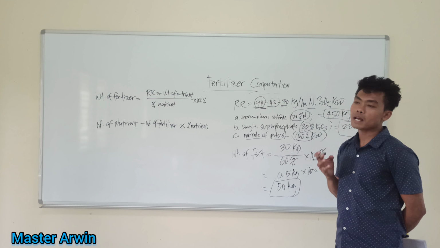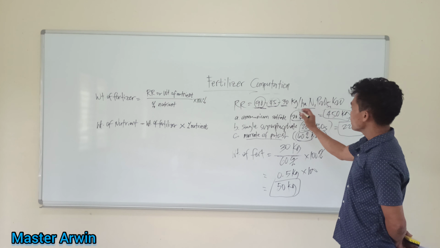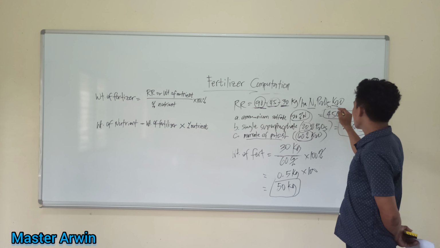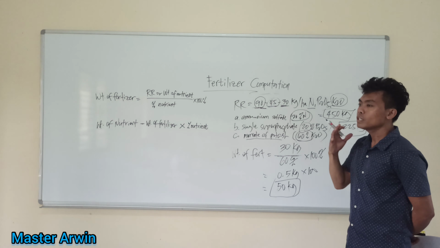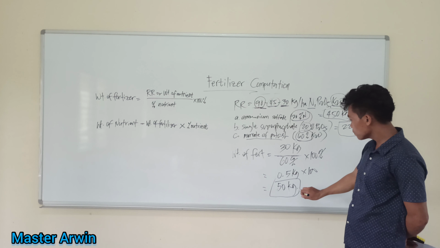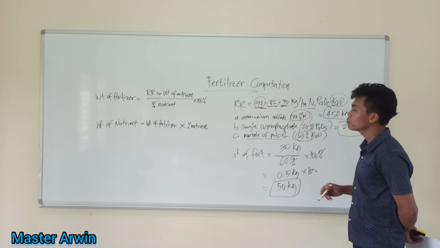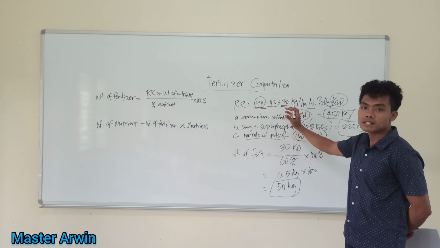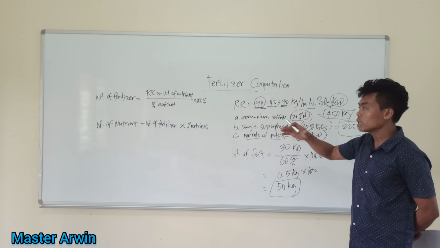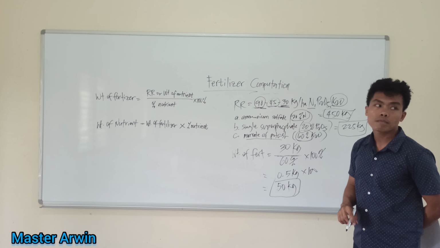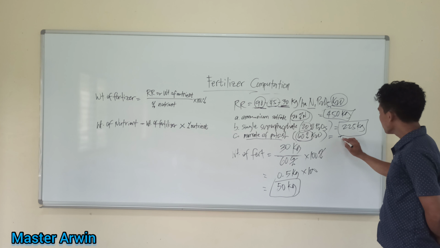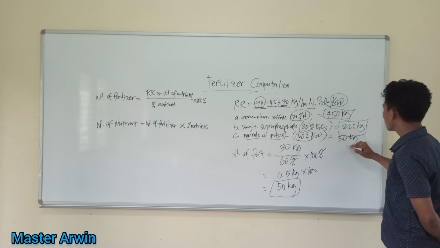This also means that if your soil requires 30 kilograms of potassium, you will just apply 50 kilograms of muriate of potash. So that will suffice the needs of the soil with 30 kilograms of potassium. So this would be 50 kilograms.